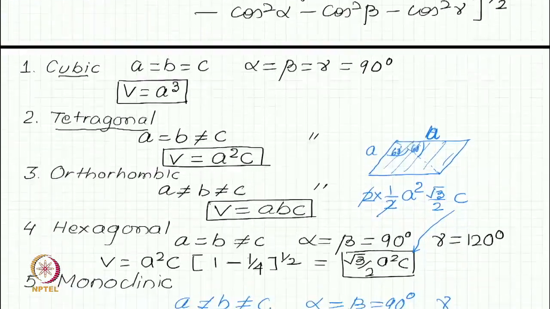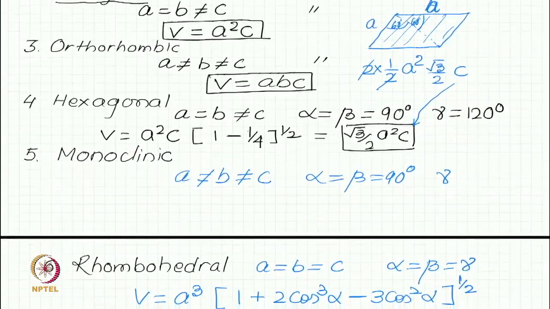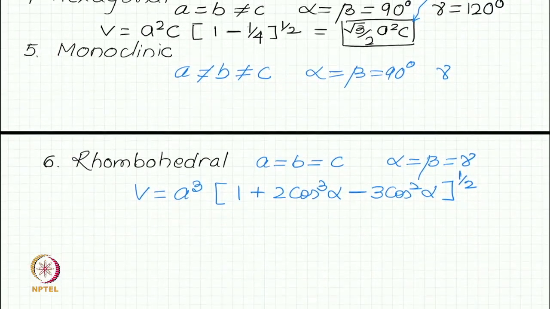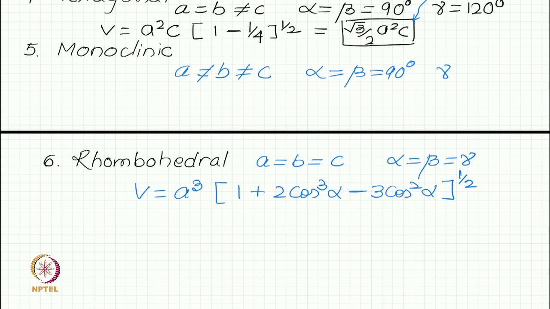So, these are the conventional unit cell of 7 crystal systems with which you are familiar, but tomorrow's tutorial exercise will try to make you familiar with these from a slightly different and more correct point of view.